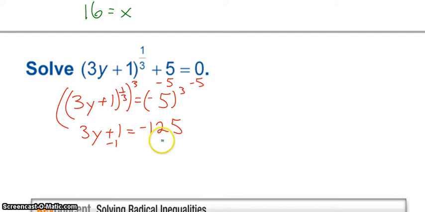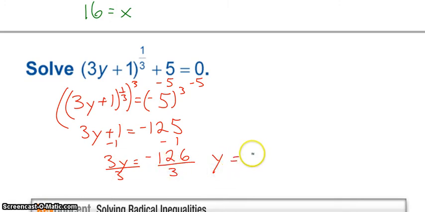I will subtract over my 1 and divide by 3. So I got y equals negative 42.